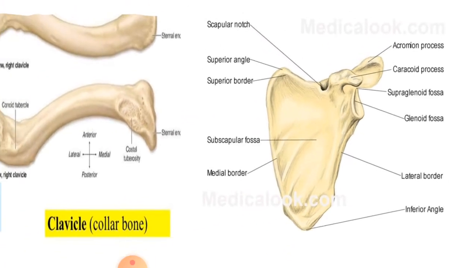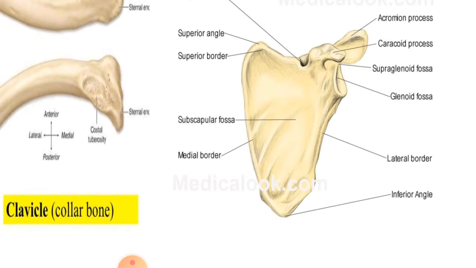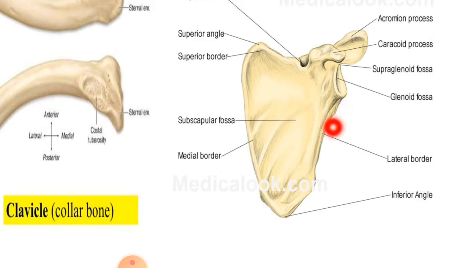Now we will talk about the scapula. Just like the clavicle, the scapula also has a lateral border and a medial border. Remember that the lateral border is where the glenoid fossa is, and we will discuss its importance later. The medial border is more towards the medial side of your body.